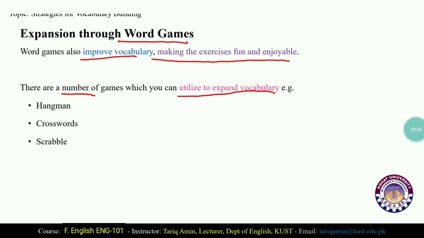Those dictionaries provide you with different services: the spelling of words, the pronunciation of words, the meaning of those difficult words, the usage of those words, and the etymology of those words as well. You can check the spelling of a word in the dictionary, you can check its phonetic transcription, its meaning, and its grammatical category as well.